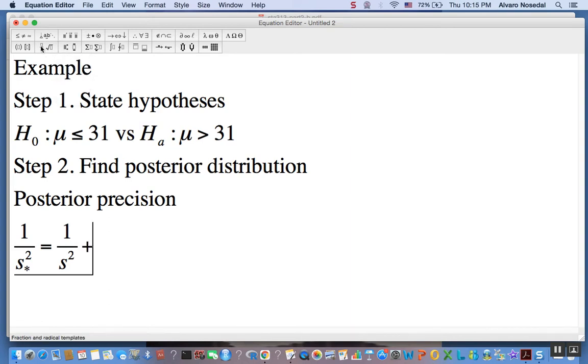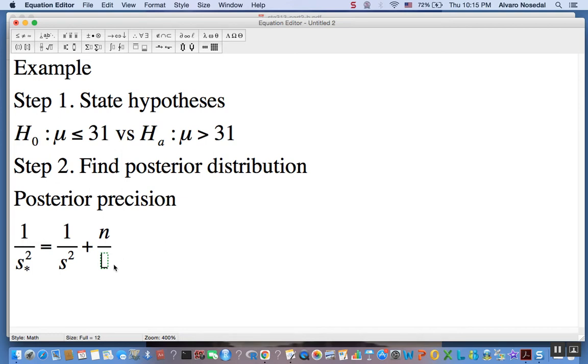The posterior precision is the prior precision plus the sample precision. Since y1 up to yn have a normal distribution, y bar has a normal distribution with the same mean as an individual observation, and the variance of y bar is sigma squared divided by n.